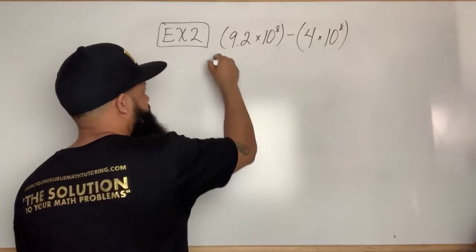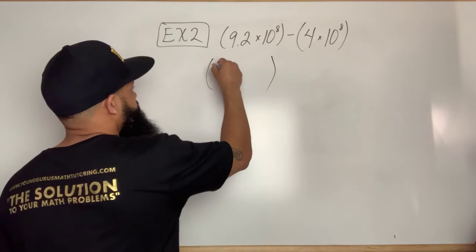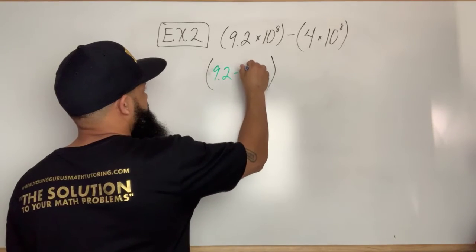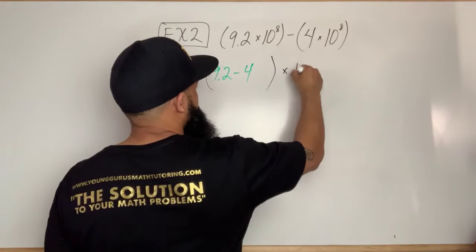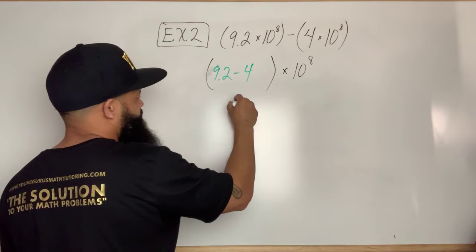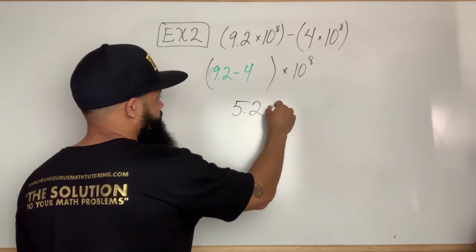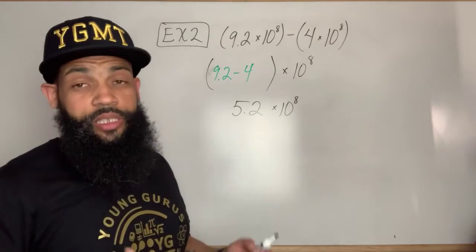Same thing. I'm going to subtract 9.2 minus 4 and multiply that by 10 to the 8th. 9.2 minus 4 should be 5.2 last time I checked. So 5.2 times 10 to the 8th power.